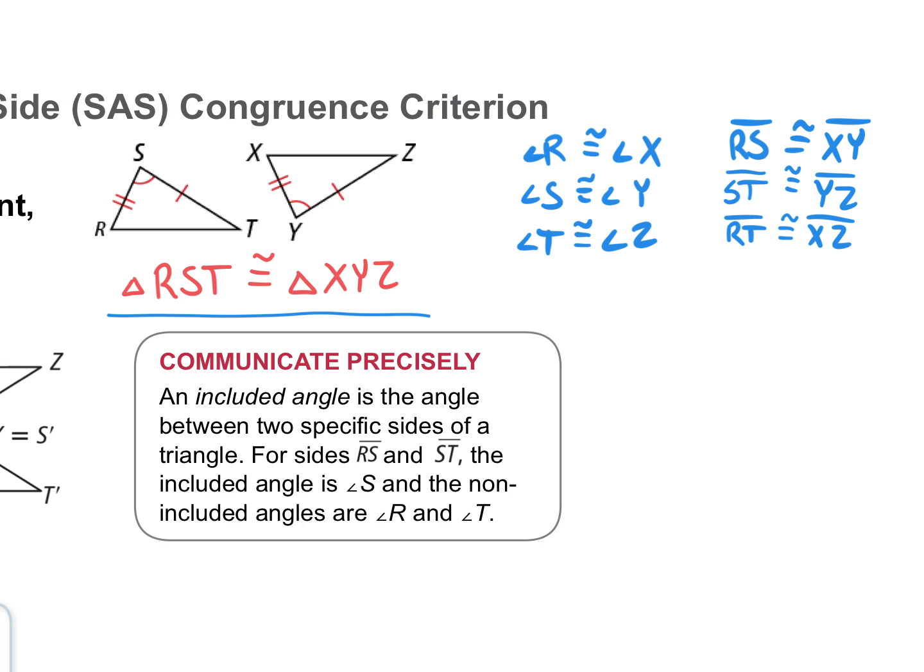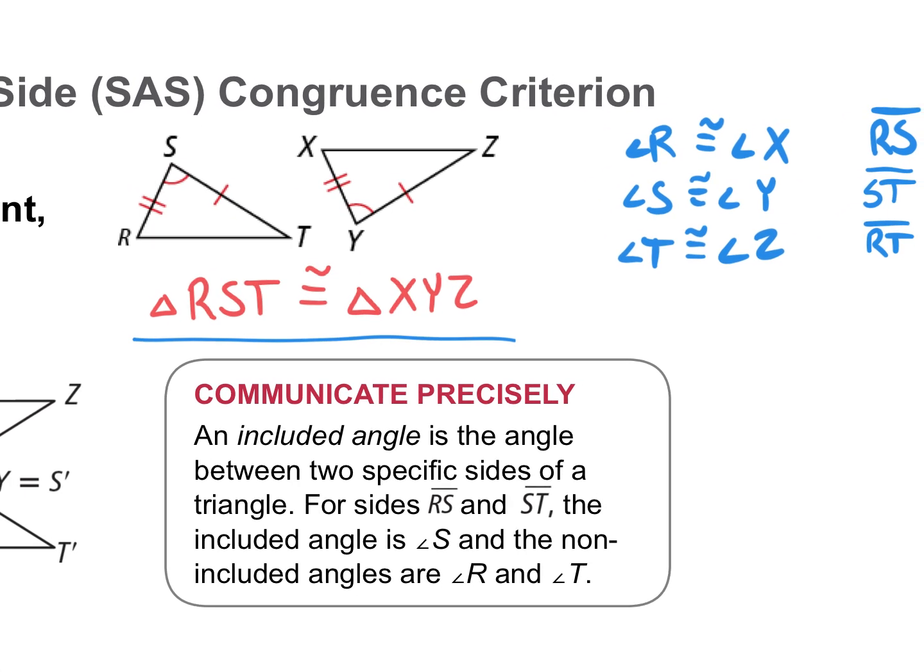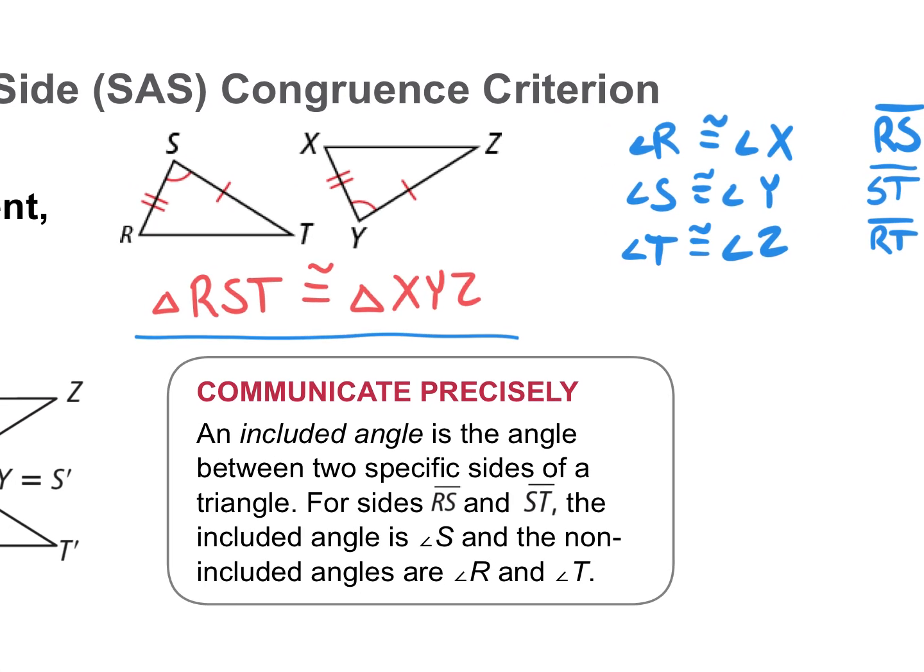Now, if we were talking about the picture here, what does the picture tell us? How many facts does the picture give us? It gives us 3 facts, right? It tells us there's a congruent side, there's a congruent angle, and then there's another congruent side. This is showing the side angle side property.